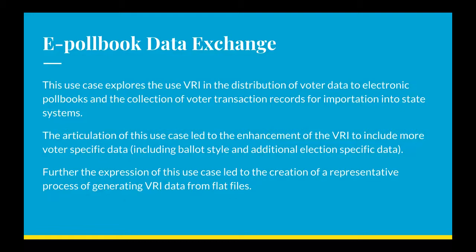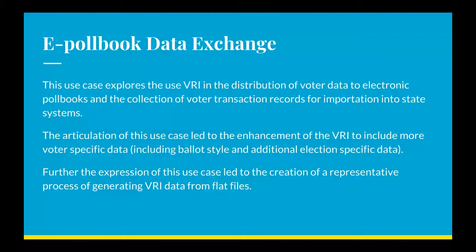When I was in Washington, D.C., we also developed an in-house electronic poll book product for use in early voting, but most of the electronic poll books that are deployed currently in elections in the U.S. are manufactured by a third party, and these third parties have a process by which state and local election officials export voter data that get re-imported, usually through some middleware, to a destination machine.